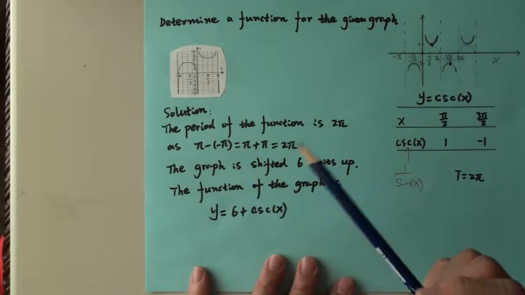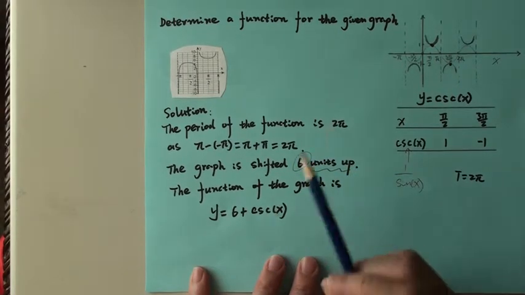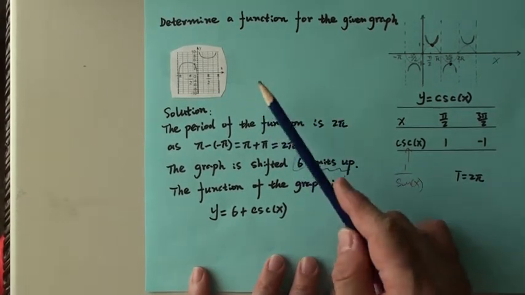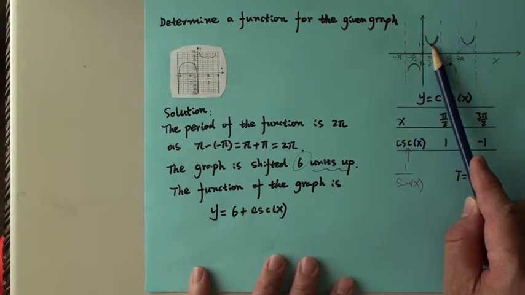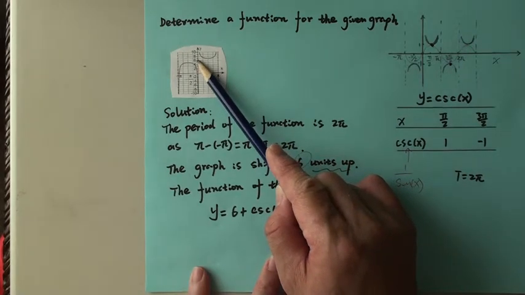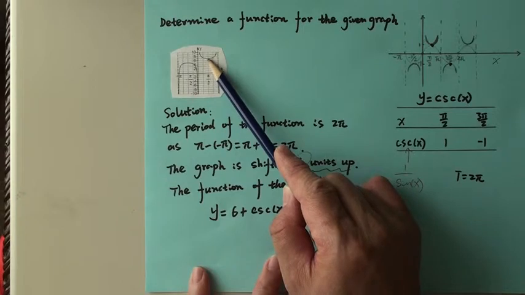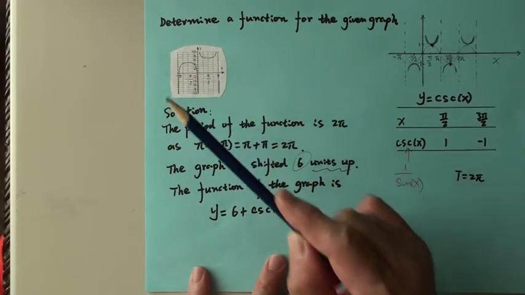So how many units up? Six units up. Previously it was right here, 1 unit up, 1 unit down. And down here you see this is 6, and then 1 unit up, 1 unit down. So it's actually 6 units up.